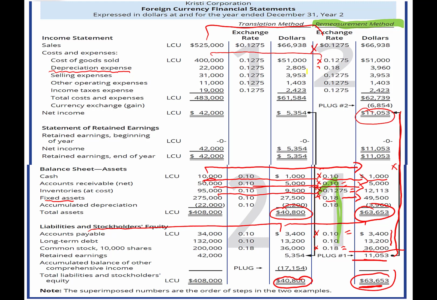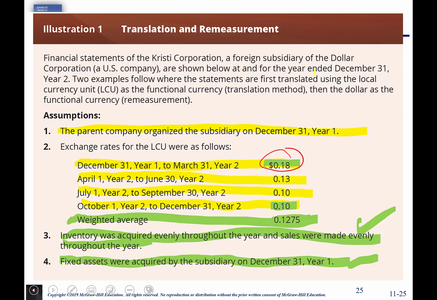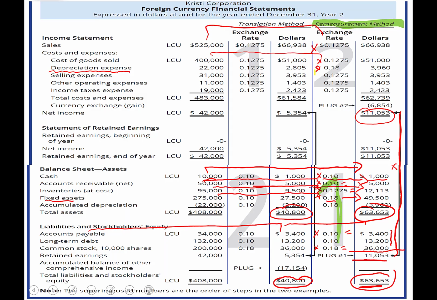And again, if you're saying, well, where did these rates come from again? We got them from this slide, right? Okay. And so we go ahead, we remeasure all of our income statement items. And when we do, we end up with this number for our net income.